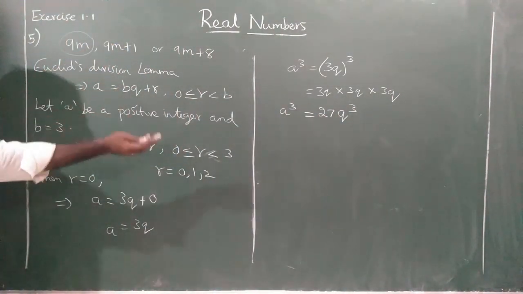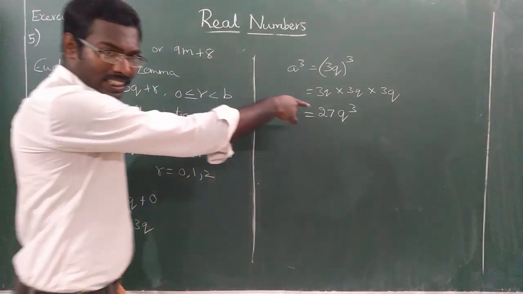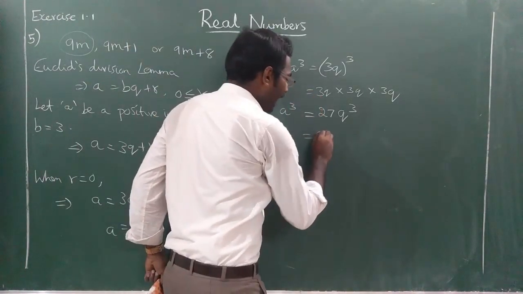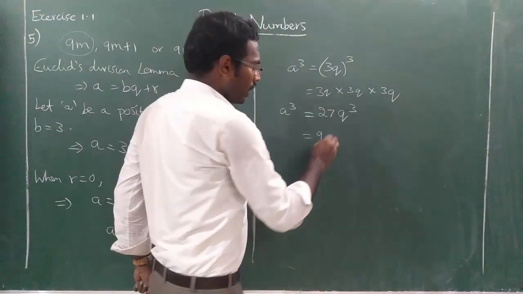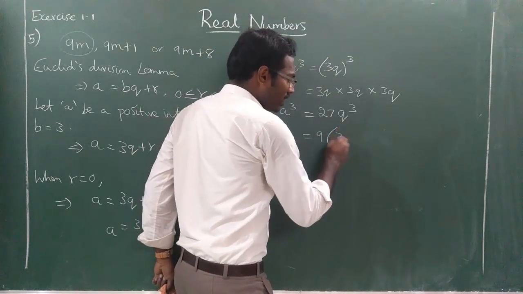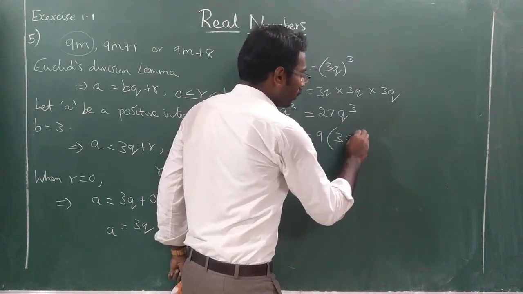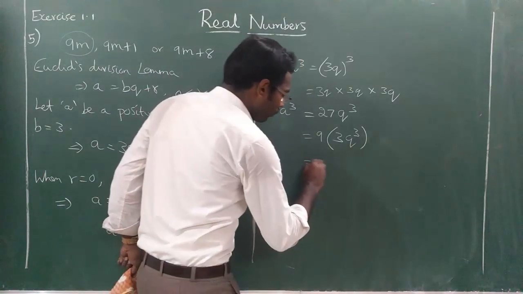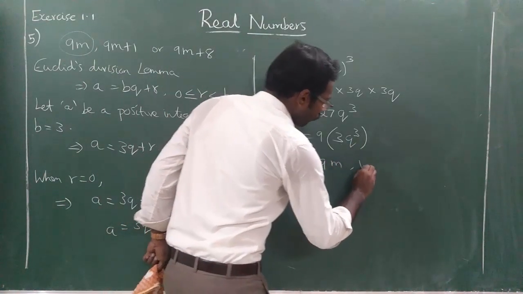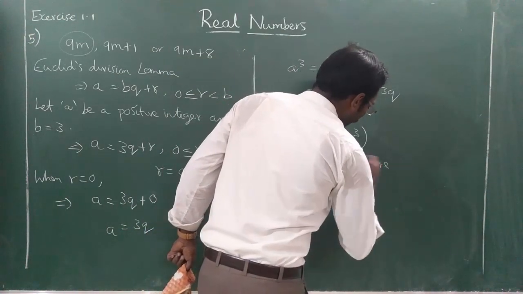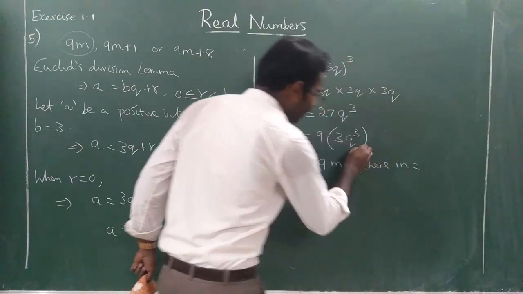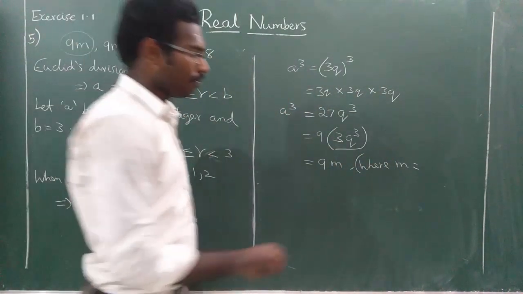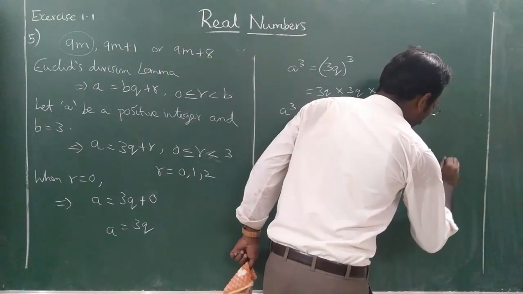Therefore we have to take 9 commonly outside. Is it possible? Yes. So when you take 9 commonly outside, you will get 9 into 3 q cube, that's all. So now this is of the form 9m, where m is equal to 3 q cube.